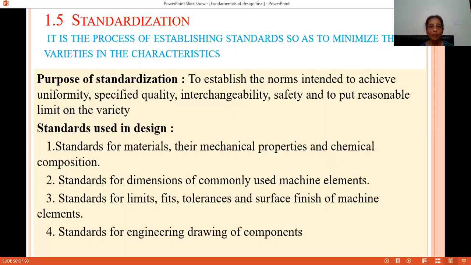Next, I was talking about the standards which we know, that are common standards. There are either international standards, national standards, company standards, or local standards. For example, IOWM, International Organization for Weights and Measures, is an international standard. BIS, Bureau of Indian Standards, is a national standard.